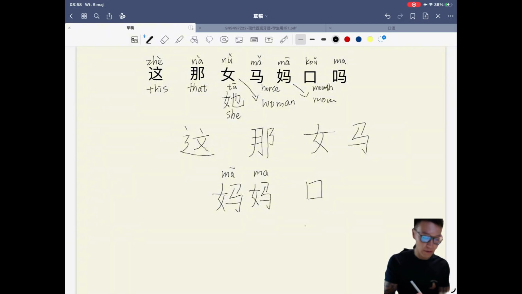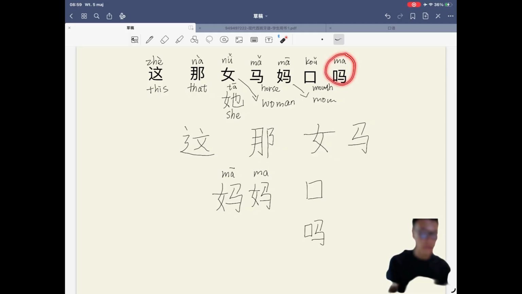So on the left side is 口, on the right side is ma, and we put them together, it's ma, which means nothing but a question. Let's say it's a question mark. Okay, and pay attention, this character has no tone, so it's very short, very light. Ma. And this character is the first tone, so it's ma. And this character is third tone, so it's ma.